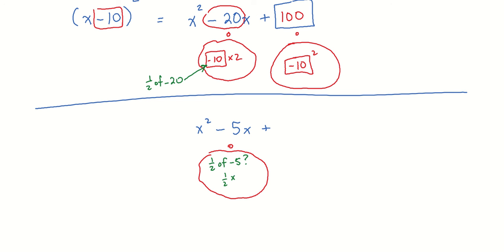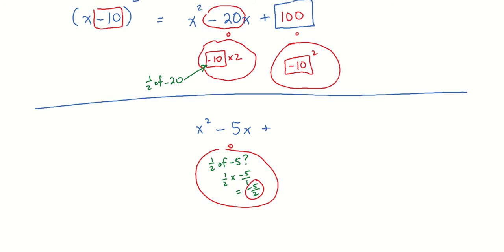So 1/2 times negative 5 over 1 is just negative 5 over 2. Okay? Negative 5 over 2. So in other words, to find half of an odd number, just stick it over 2, because that means divided by 2.